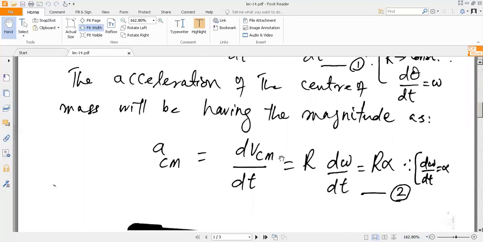So placing the value of VCM over here, we can write this derivative as R d omega over dt, and d omega over dt is another entity which is alpha, the magnitude of angular acceleration. So d omega over dt is alpha and R will be written as it is. This marks our equation number 2. ACM becomes equal to R alpha.